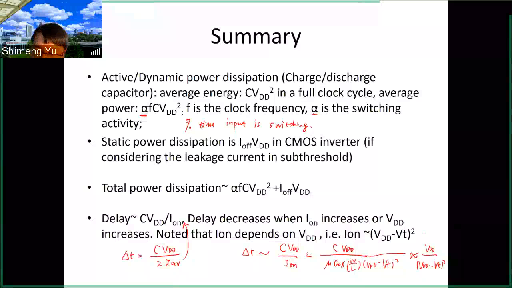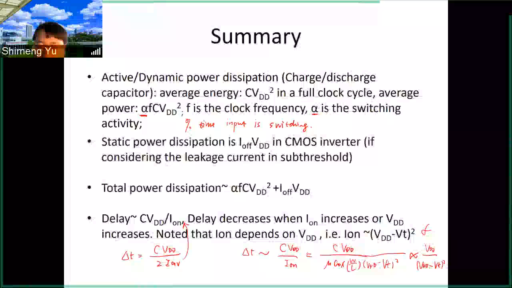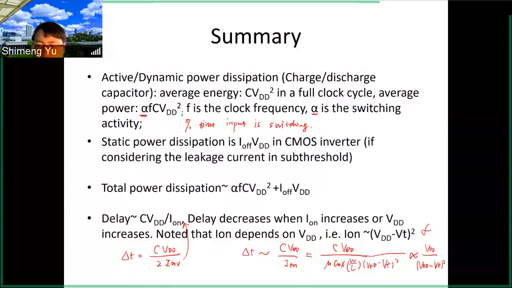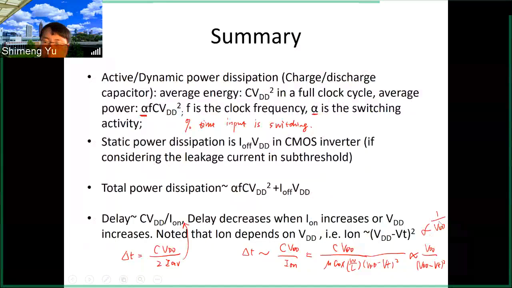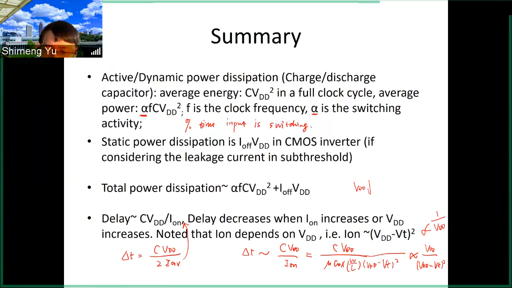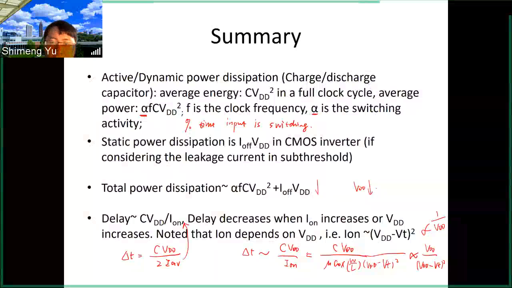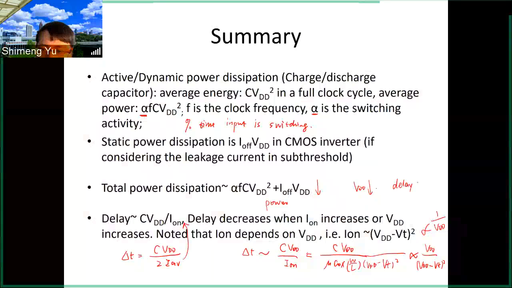If you want to further simplify, because you have a second order in the denominator and first order in the numerator, overall the delay is inversely proportional to VDD. In other words, if you reduce VDD to reduce the power, your delay is going to increase.